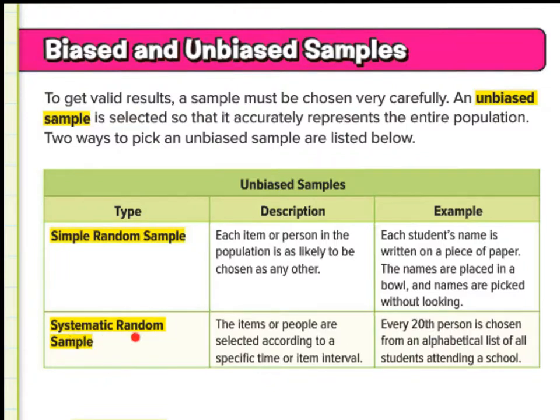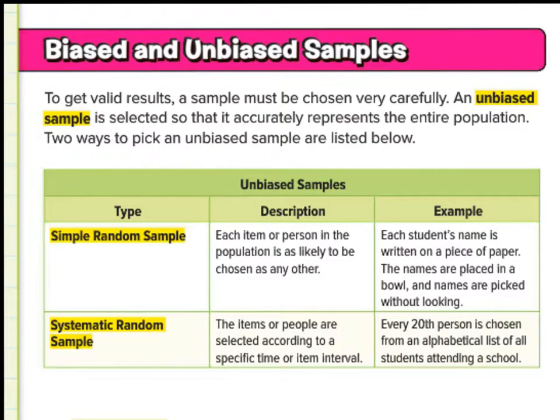A systematic random sample. Description: the items or people are selected according to a specific time or item interval. So we have selected a specific time or even item interval, the order of the items. For example, every 20th person is chosen from an alphabetical list of all students attending a school.